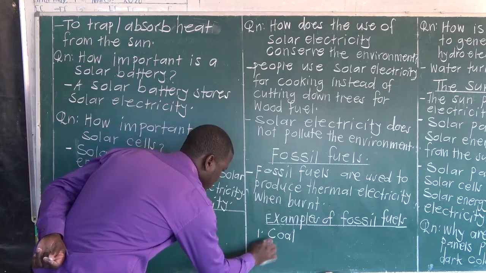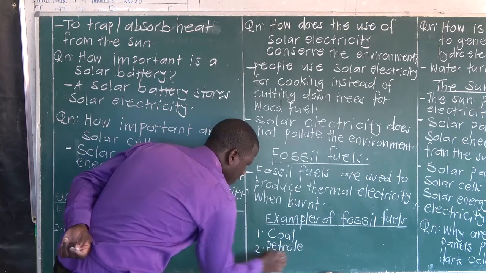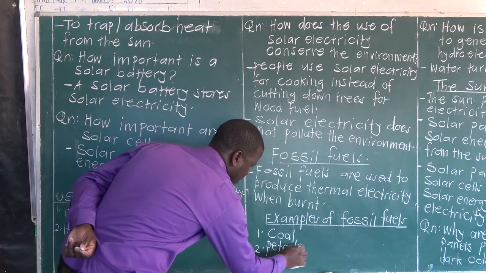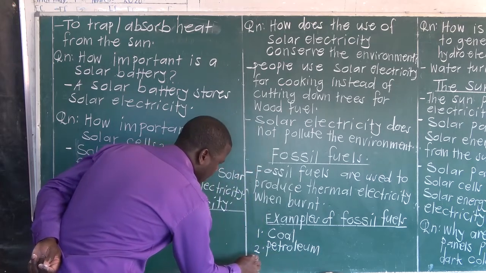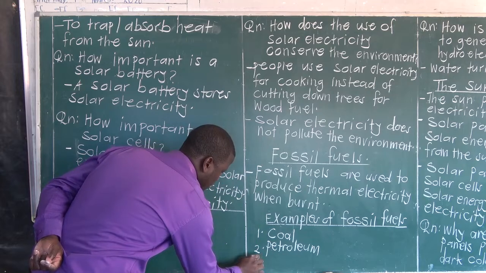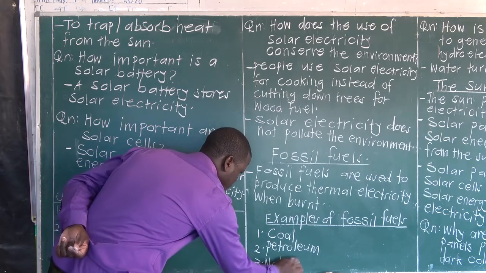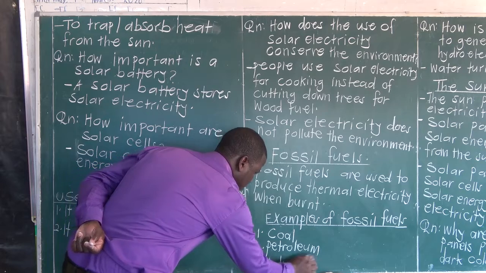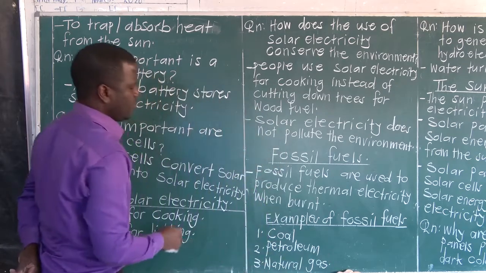Number 2, we have petroleum. Then number 3, we have natural gas. Natural gas is an example of a fossil fuel.